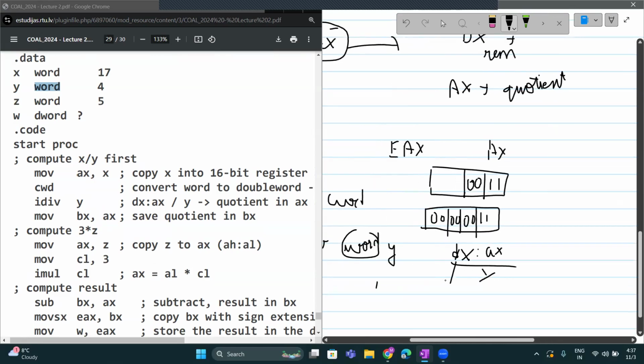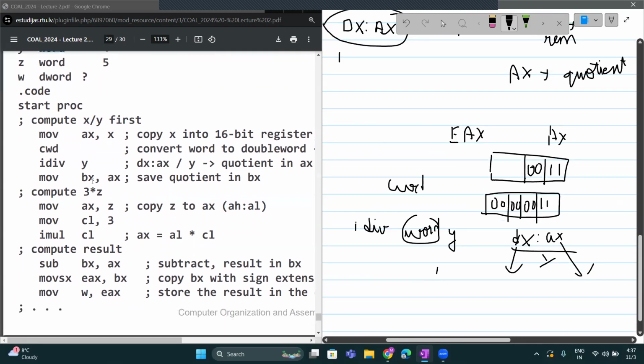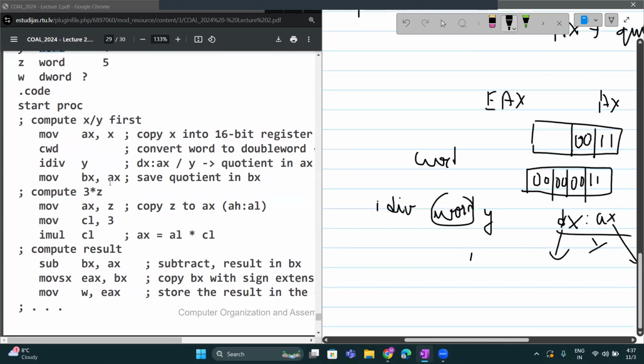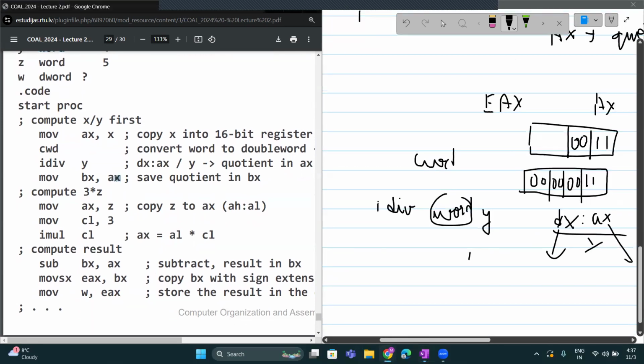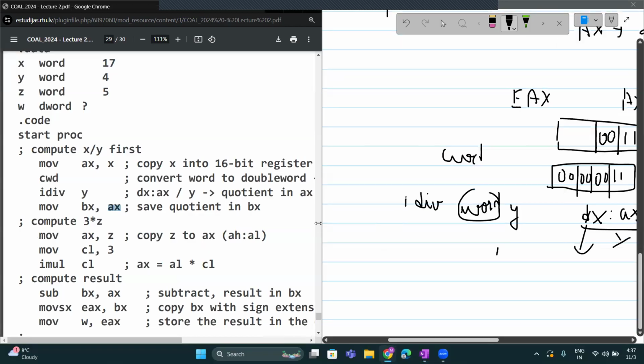DX will get the remainder and AX will get the quotient. So we are dividing 17 by 4. The quotient will be 4, so AX will have just the value 4.